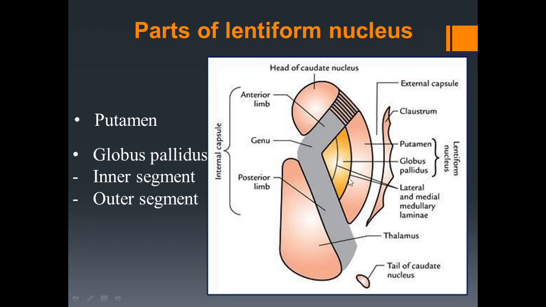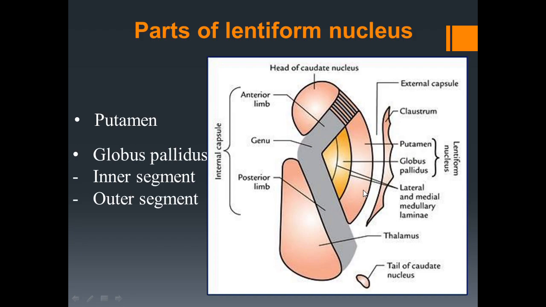Then what are the parts of lentiform nucleus? Now here this is the lentiform nucleus. Now this lentiform nucleus is divided into two parts. The outer part is called as putamen.